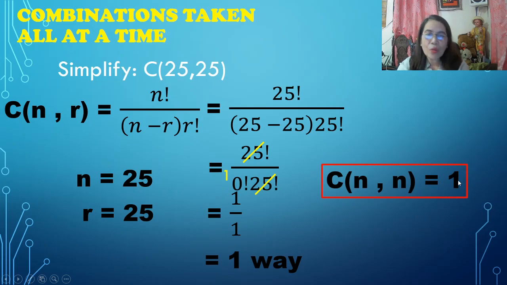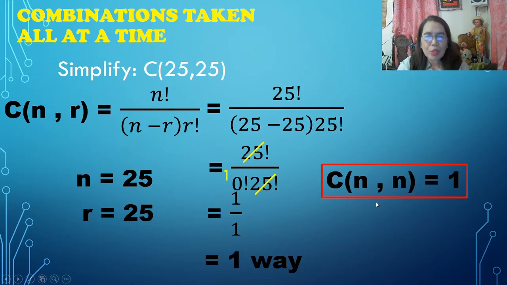So, it's always equal to 1 as long as it's taken all at a time and as long as you see that the given values are the same. The answer is always equal to 1.